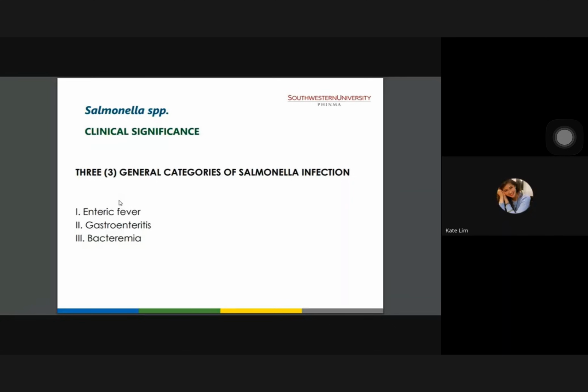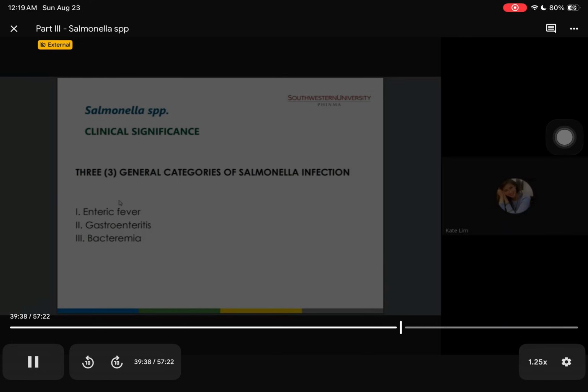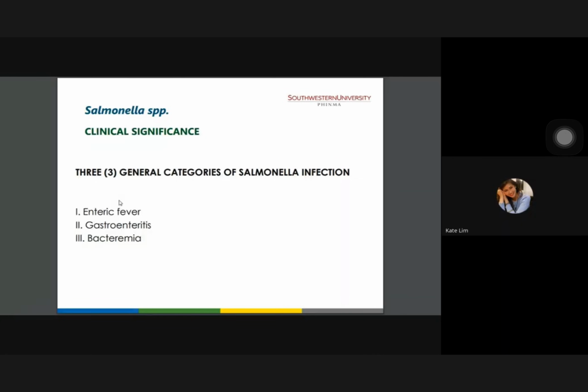How about bacteremia? Bacteremia usually happens when Salmonella bacteria enter the bloodstream and spread throughout the body. This could be a complication of your enteric fever. Remember what I told you, that all diseases, if not treated, would have as their sequela a complication, and that complication would be bacteremia.